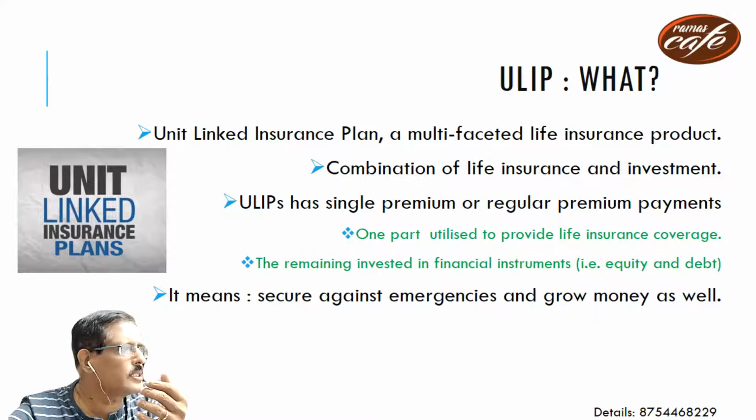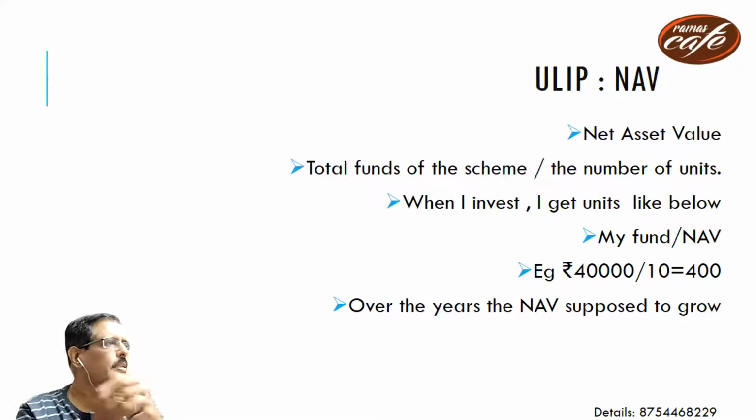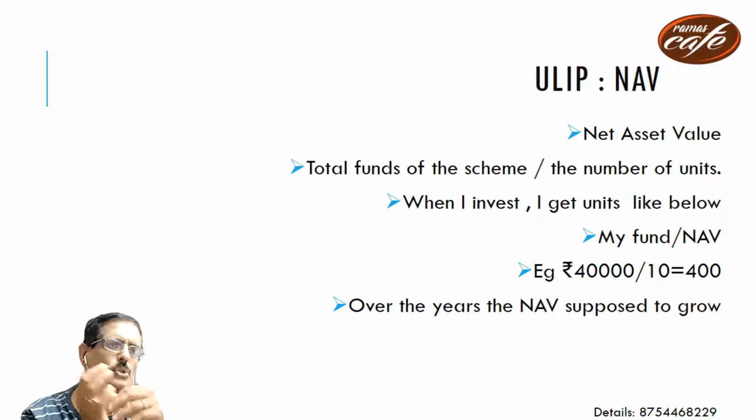So let us go a little deeper and understand what this ULIP is about. There is a concept called net asset value, NAV. NAV is the total funds in the scheme, either mutual fund or anything, divided by the number of units you have sold.